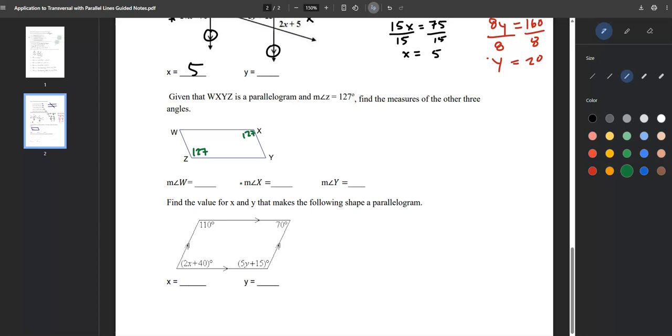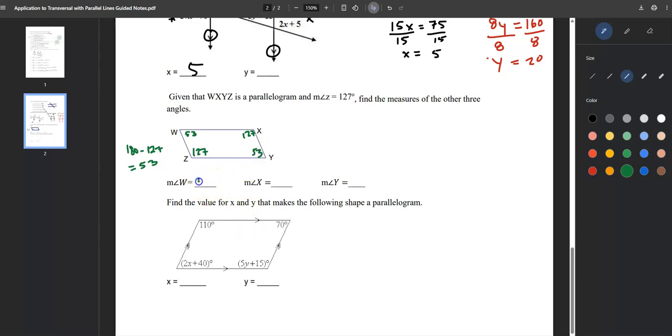And then my other rule is to find these ones that are right next to you, they should be supplementary. So if I go 180 minus 127, that gives me 53. So this w is going to be 53, but also the y is going to be 53.